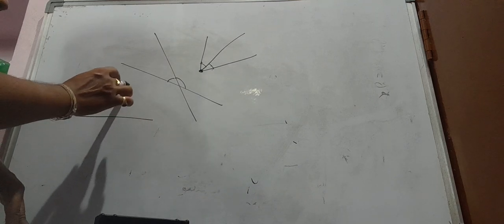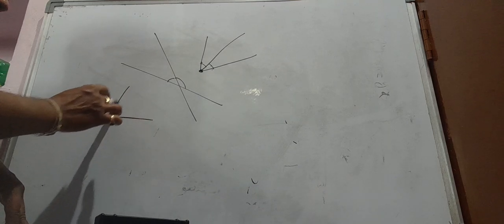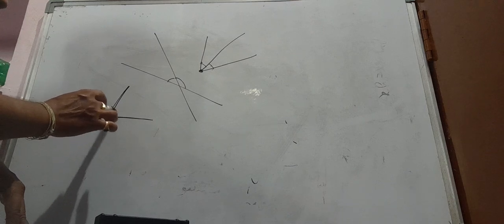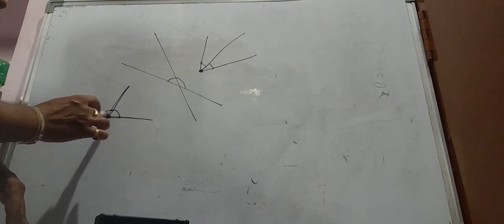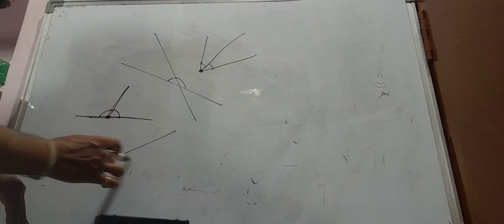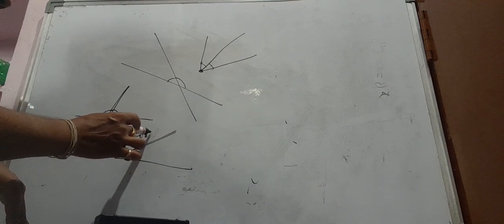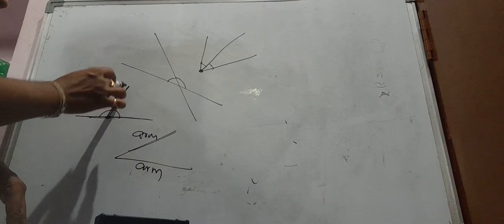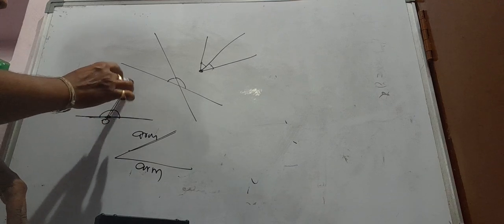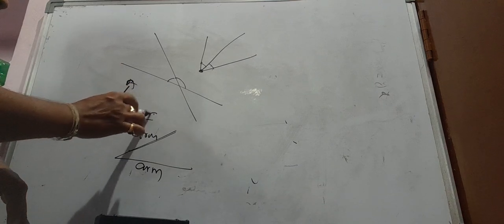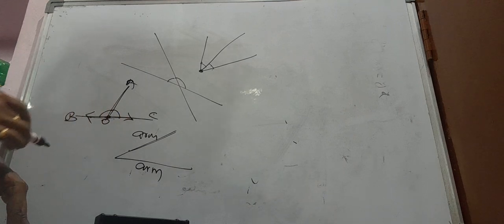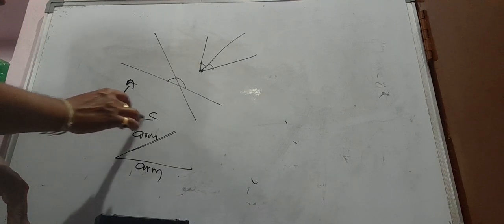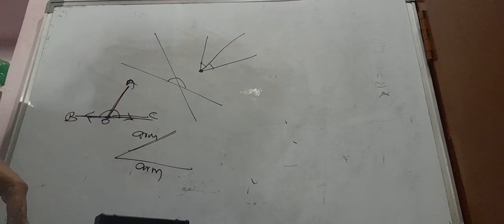And what is a linear pair? On a line with one ray, if two angles are formed, and the two other arms, for every angle this is called an arm and this is also called an arm. So O, A, B, C. So this is OB and this is OC, this is OA.